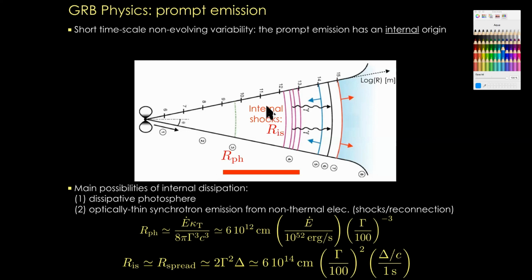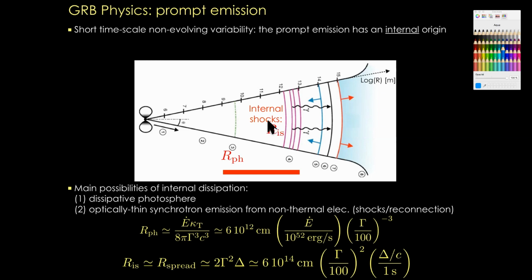And then you can also imagine that there is internal dissipation in the jet above the photosphere. And in this case, we have typically models where the emission is due to optically thin synchrotron emission from non-thermal electrons accelerated either in shocks or in reconnection events.